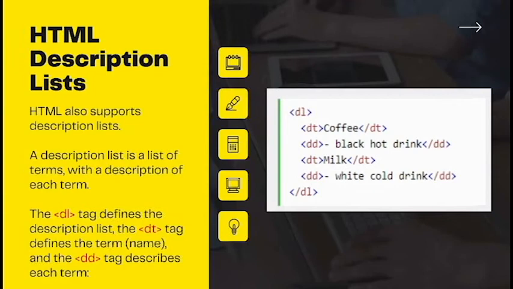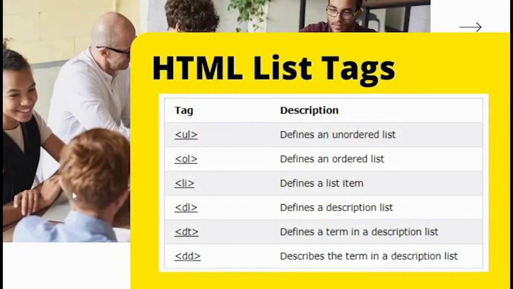Okay, next, here is just a summary of the HTML list tags. The UL defines an unordered list, the OL defines an ordered list, and the LI defines a list item.